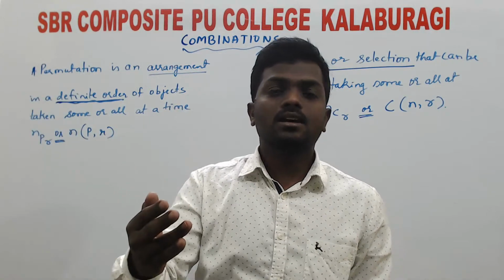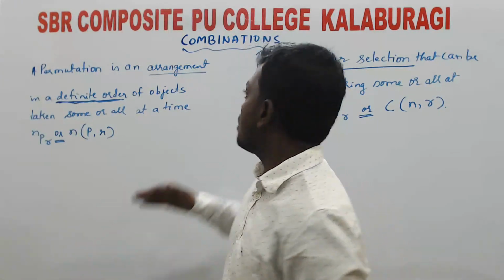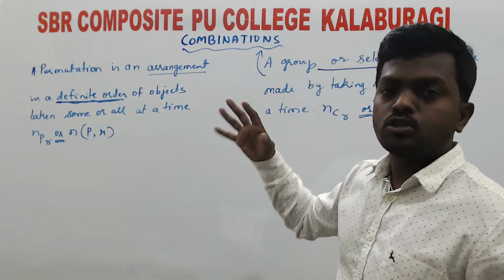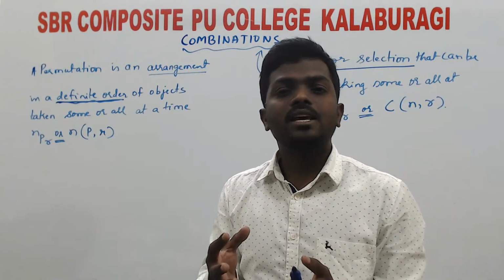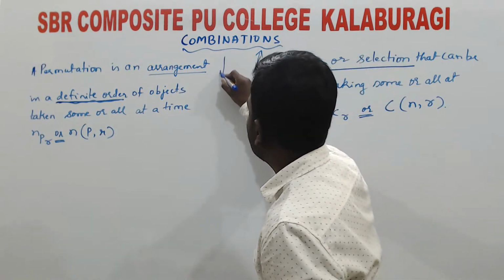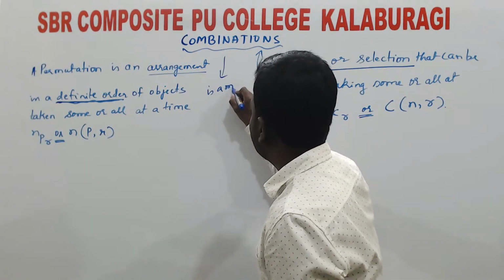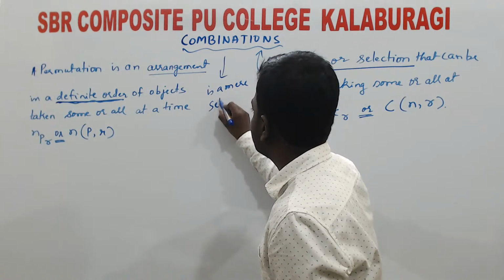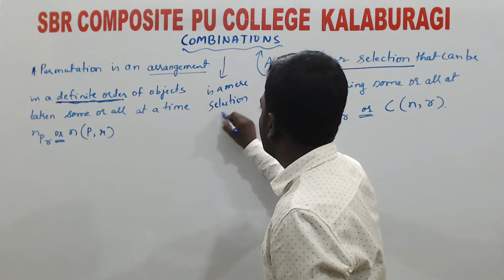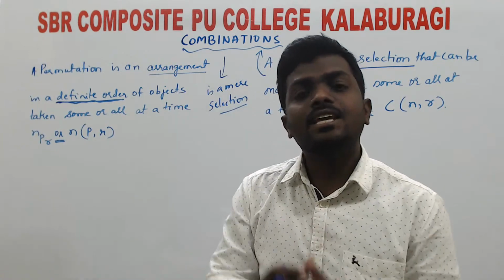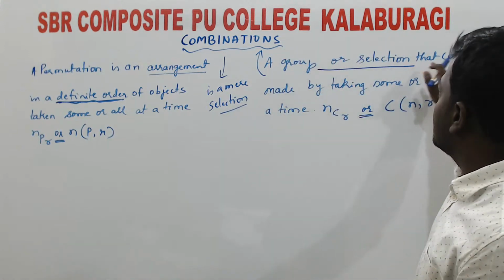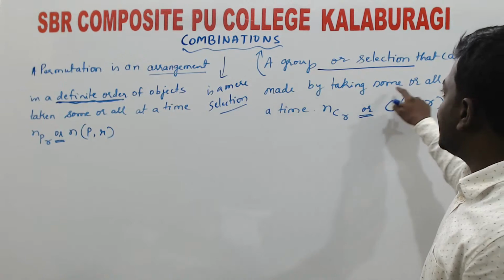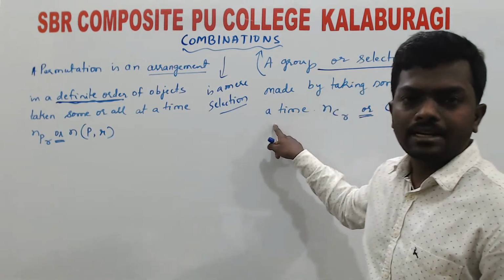Now our next topic is combinations. So what do we mean by combinations? In the first class itself I told you combination is nothing but just mere selection. It's just a selection of things, a group or selection that can be made by taking some or all at a time.